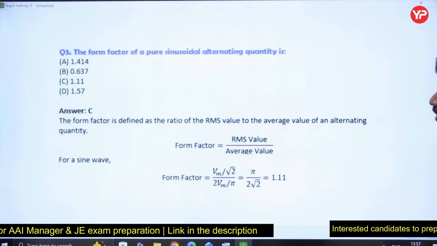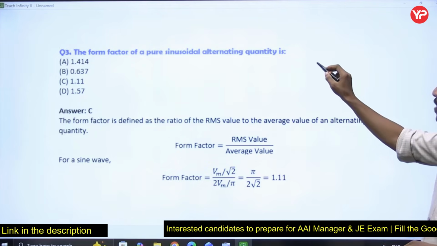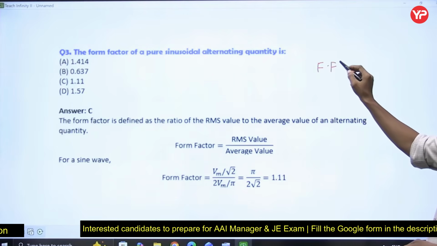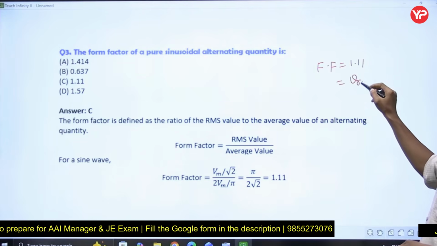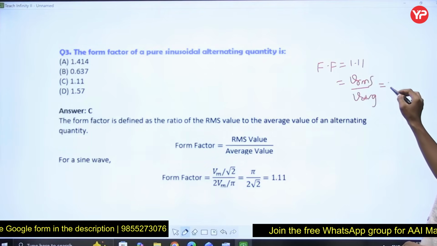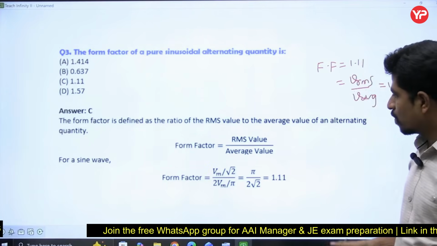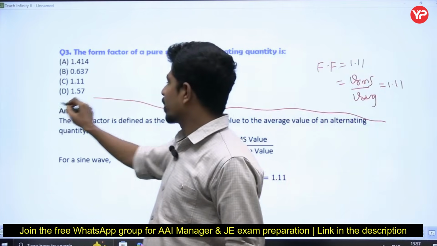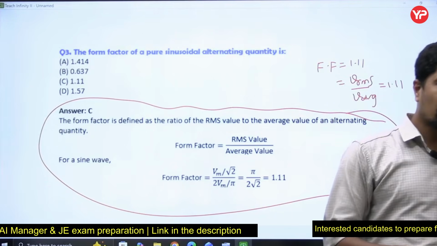Next question. The form factor of a pure sinusoidal alternating quantity is, see, for any sinusoidal alternating quantity, the form factor is 1.11. What is the form factor formula? Vrms or Irms by V average or I average, which is equal to 1.11. It may be sine or cosine. You can remember this instead of doing all this. You may be thinking, sir, you took very simple questions.